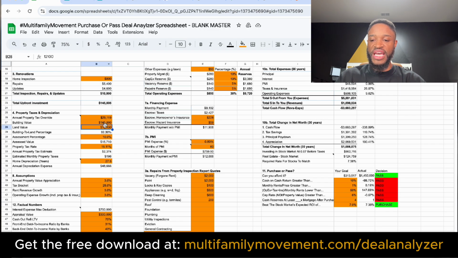So let's just say the land value is 300,000. So what that means is if the land value is 300,000, then you'll be able to depreciate $1.15 million over 27.5 years, and you'll get a tax deduction for that.